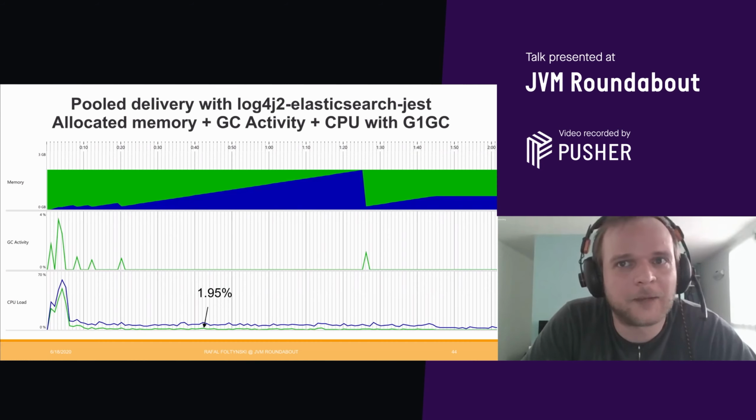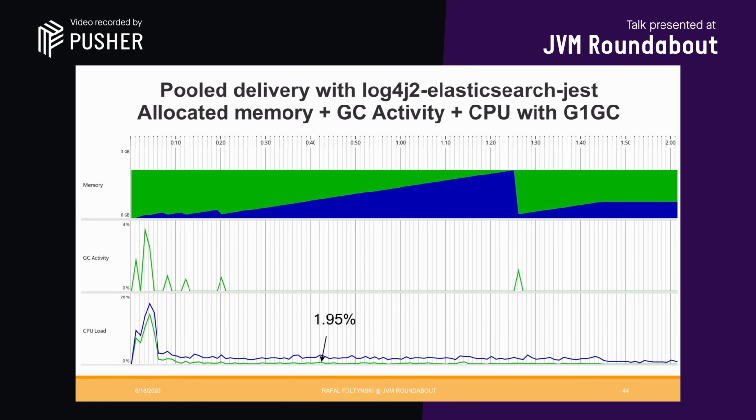So I've tested the pooled delivery with Jest and G1 as previously. It turns out that the CPU usage dropped by 50%, and the memory allocation was much lower, and there was only a single garbage collection on the right once G1 learned.